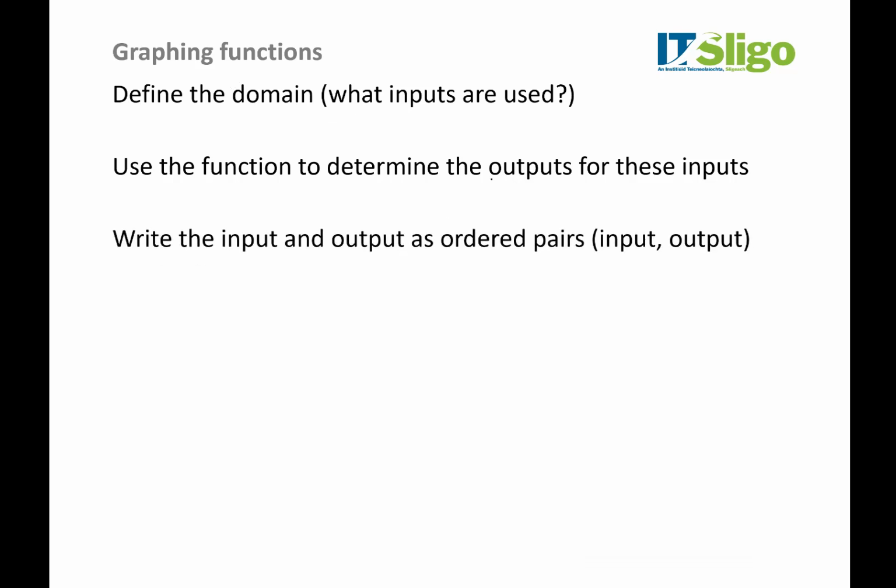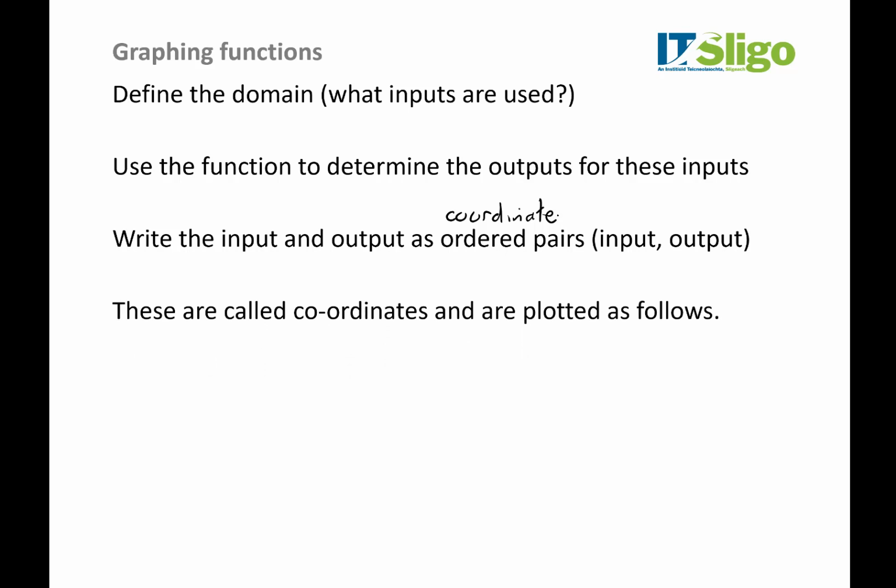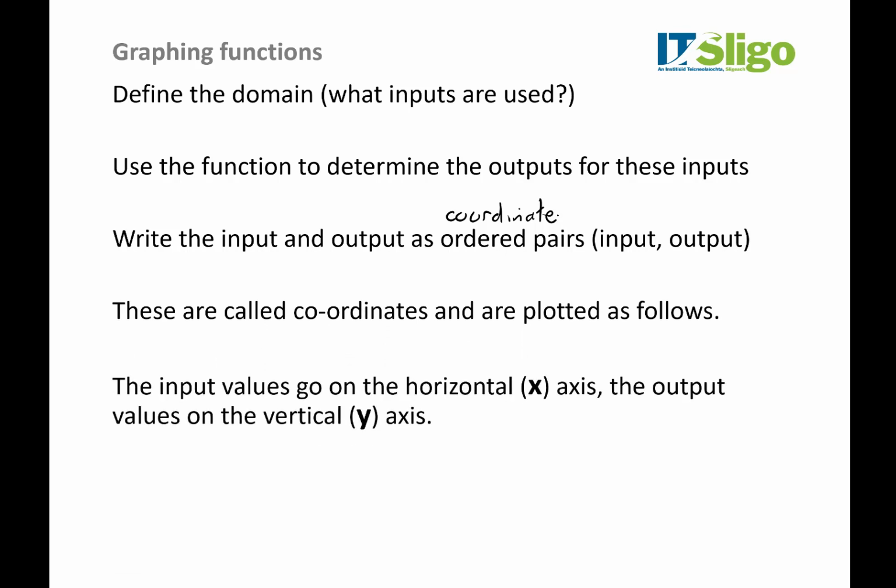Write the input and output as an ordered pair or as a coordinate. That's another word for an ordered pair. And they're plotted as follows. The input values always go on the horizontal axis. The output values always go on the vertical axis. It's very important, guys, not to make that mistake.